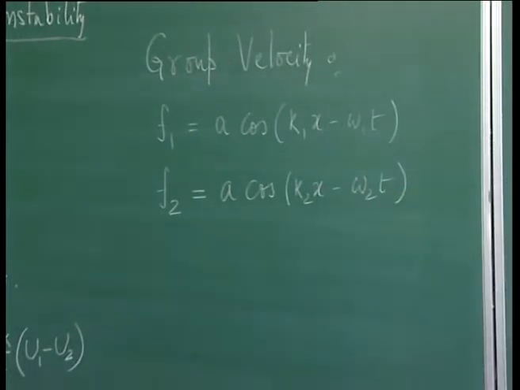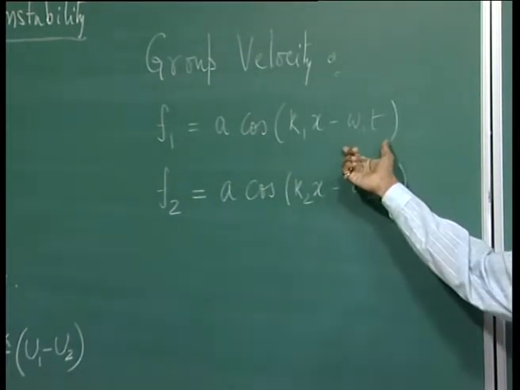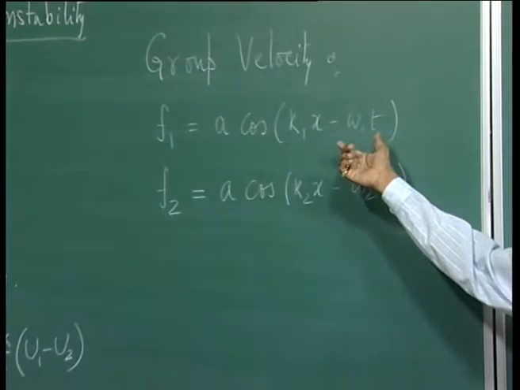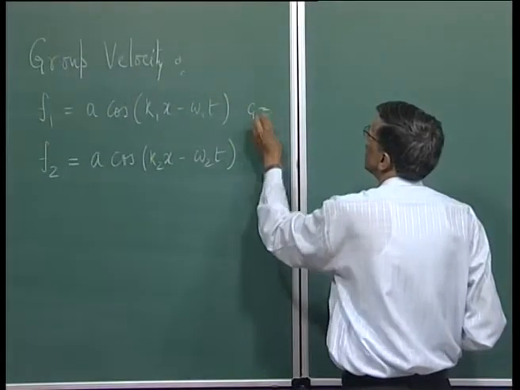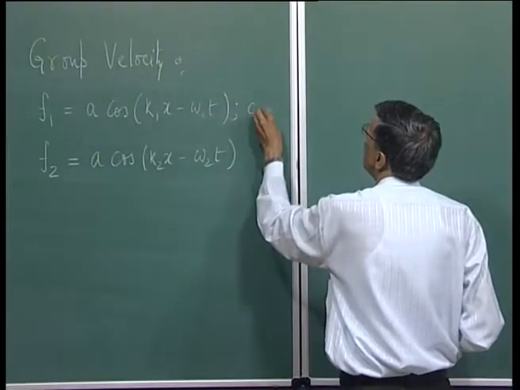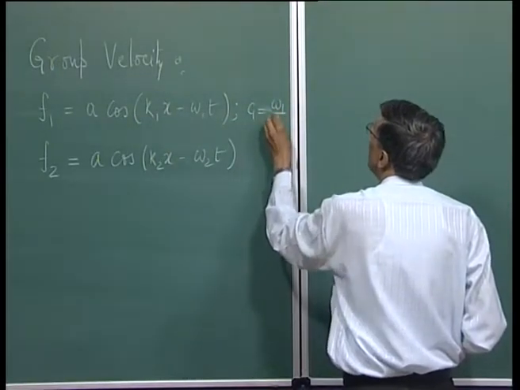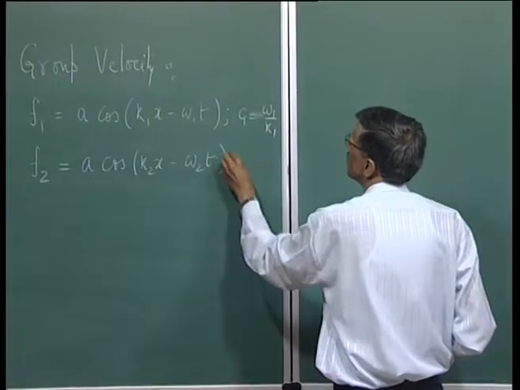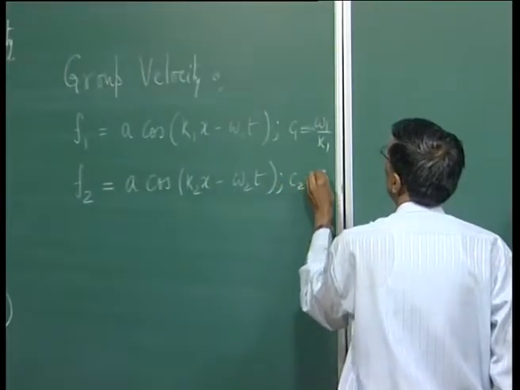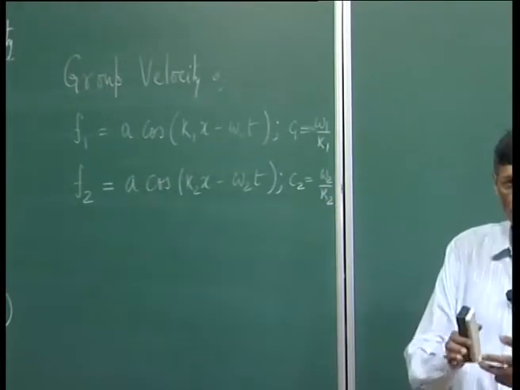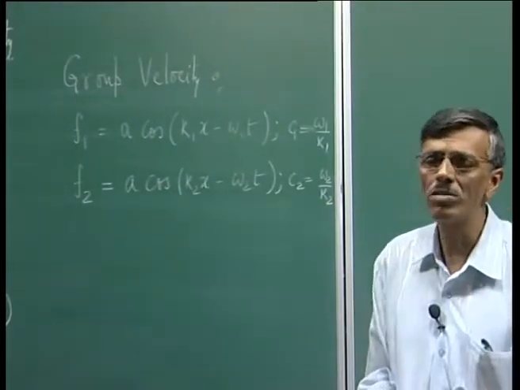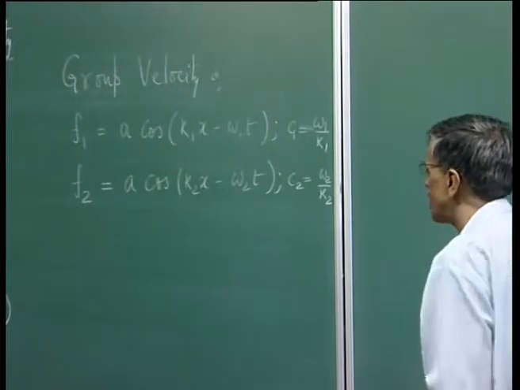Now, if these two waves are simultaneously present, each wave propagates with a phase speed, c1 equal to omega 1 by k1, and for the other wave c2 will be omega 2 by k2. So, this is the speed at which the phase changes. How does the energy change? That is what we are interested in.